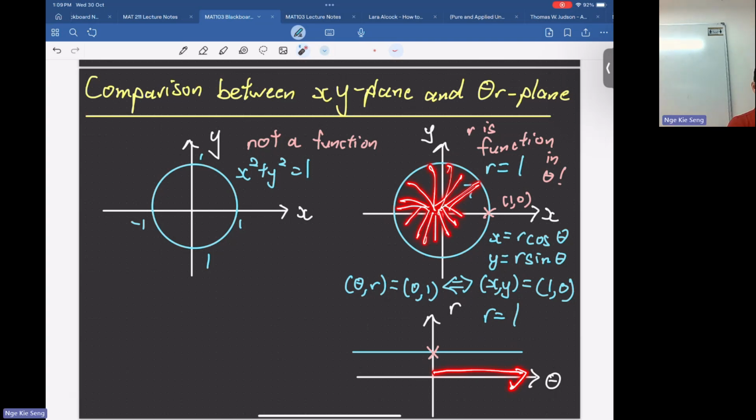Well, maybe you might ask, what happened to the other side of this point here? What happened to the point on the negative side? Where's the negative angle?